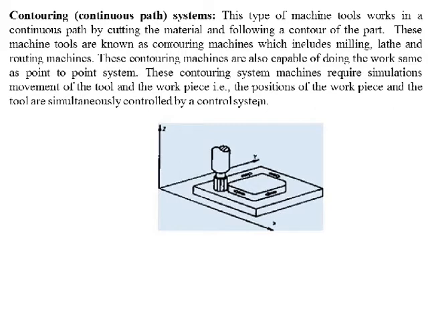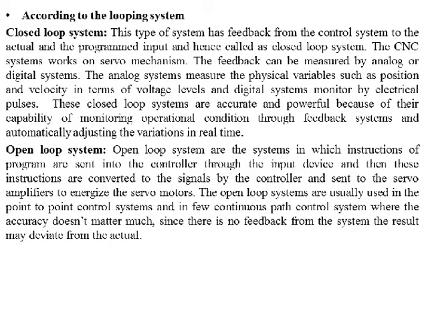Second classification of CNC machine tools is according to the type of looping system. Based on the looping system, they are classified as closed loop system and open loop system. In case of closed loop system, there is a feedback from the control system to the actual and the programmed input, and hence it is called a closed loop system.